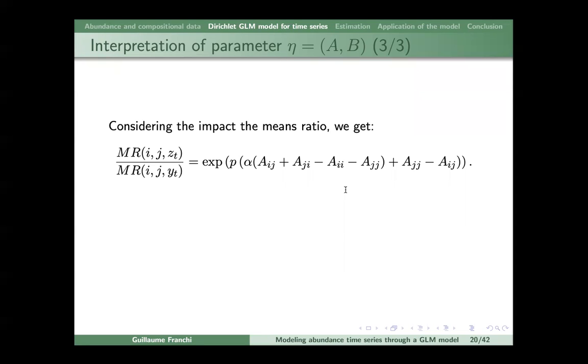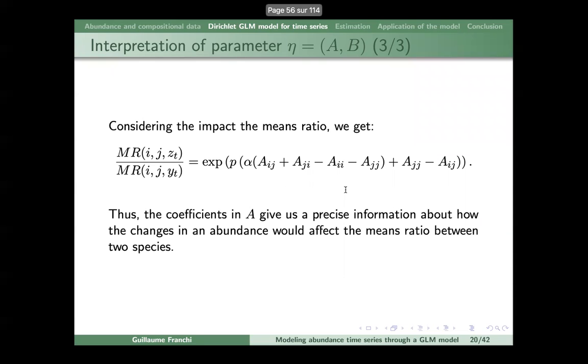However, if this ratio is greater than 1, it would mean that our perturbation was beneficial to species I compared to species J. And it would mean that the species of reference and species J are more in competition than species I and the species of reference, which was the species D. So actually, it's more tricky, but the coefficients in matrix A give us useful information about how the changes in our abundance could affect the balance between the two species.